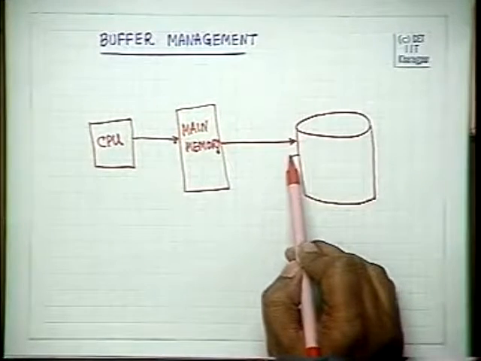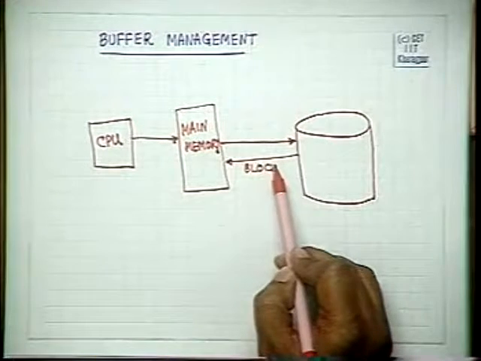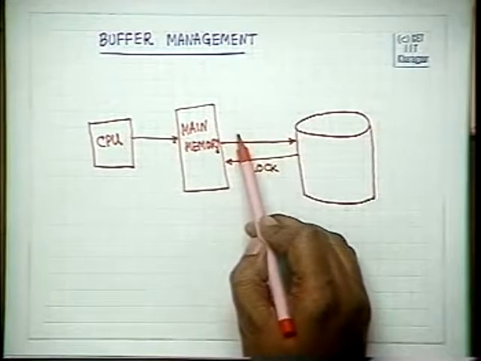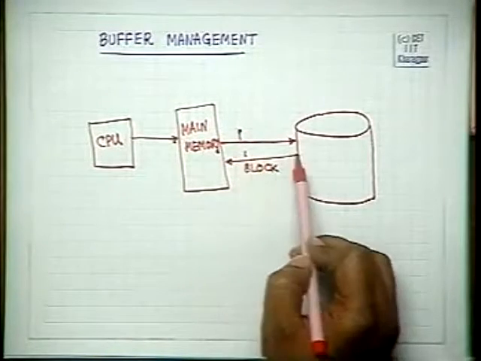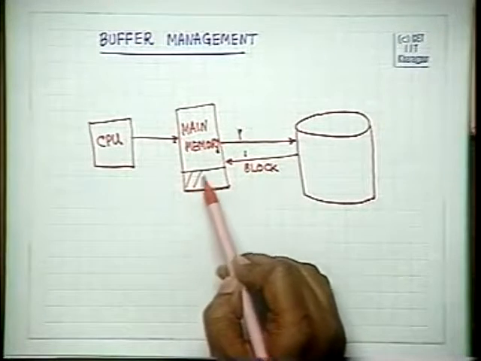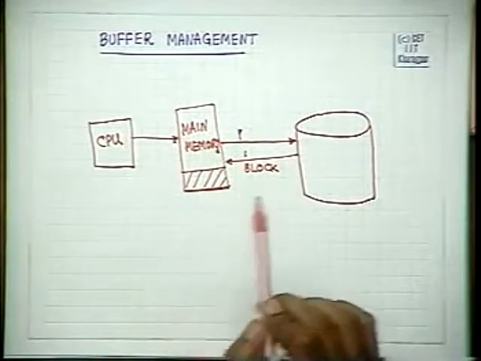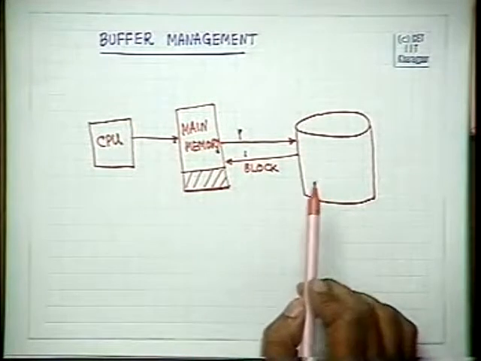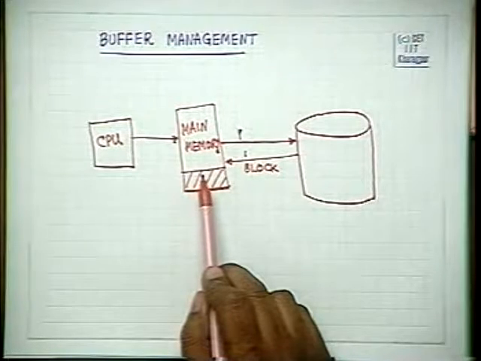Now the disk will read one block and store it, so a block will come. A read request or a write request will come. So if it reads, then it will read one block and store it into the memory. Now buffer management is a management scheme in which you keep track of what information of files is already present in the main memory.